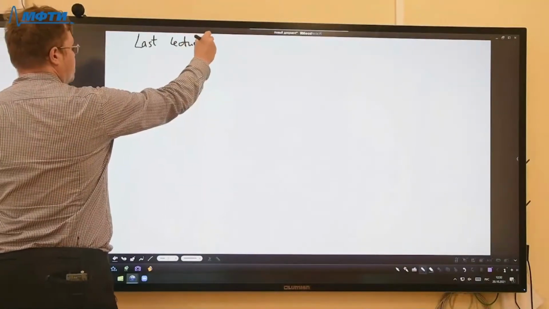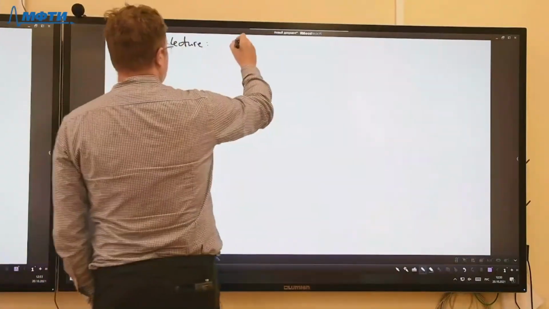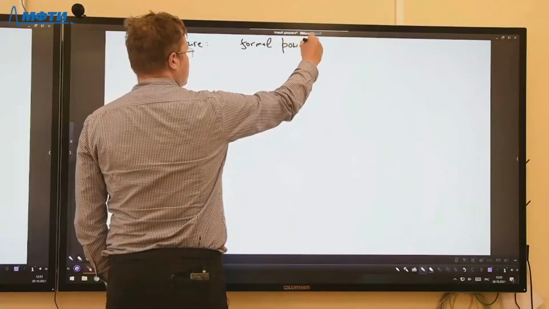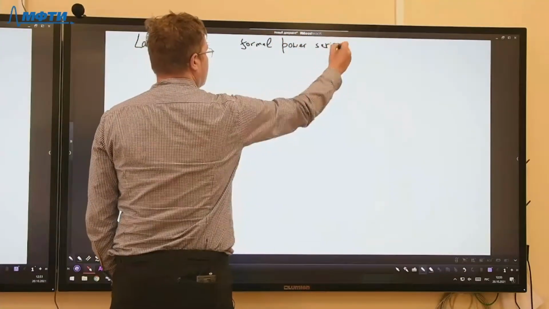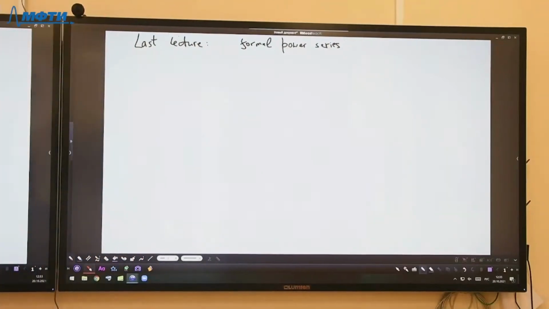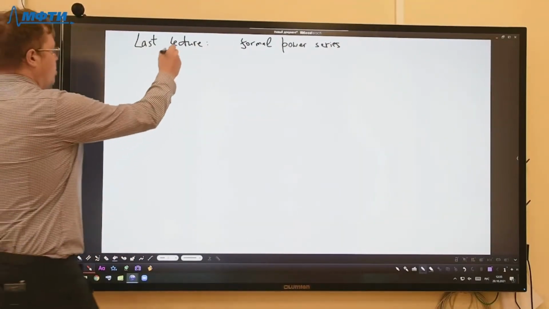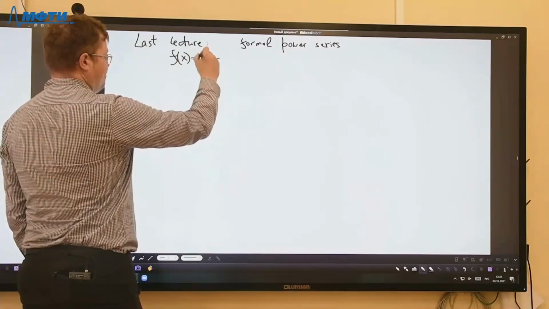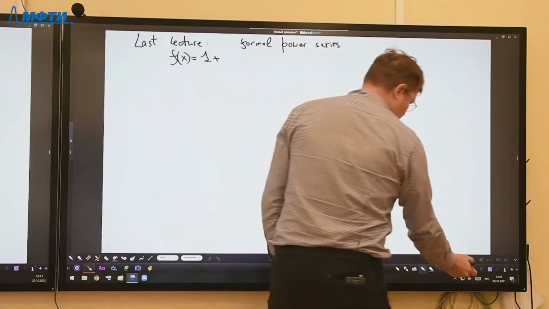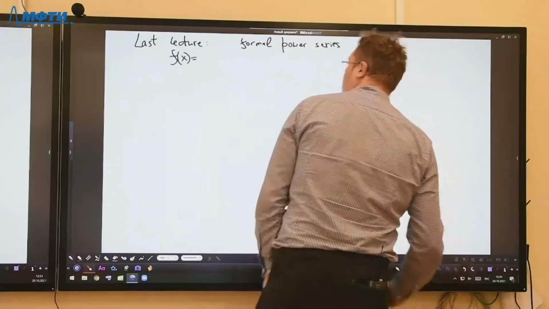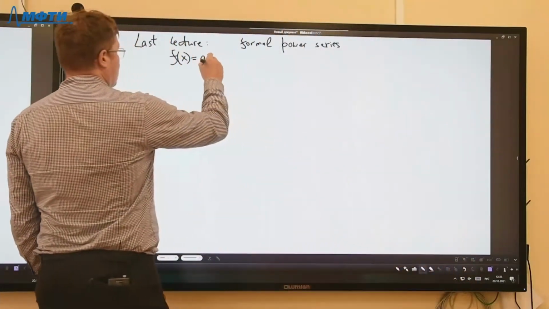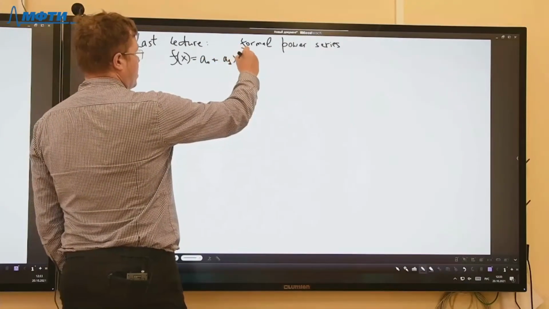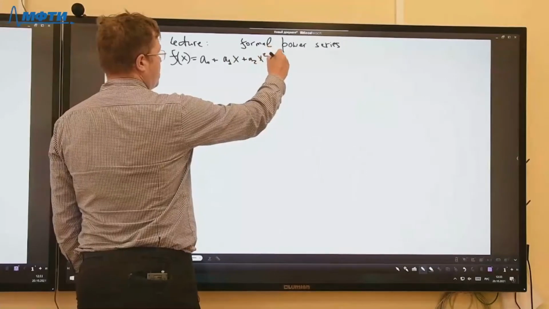So last lecture we discussed formal power series, and we saw the definition. We can calculate the sum and product of formal power series.